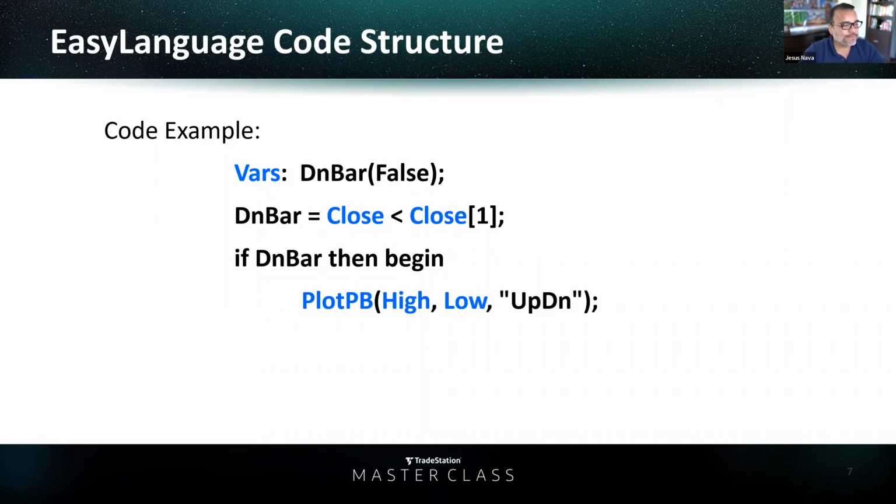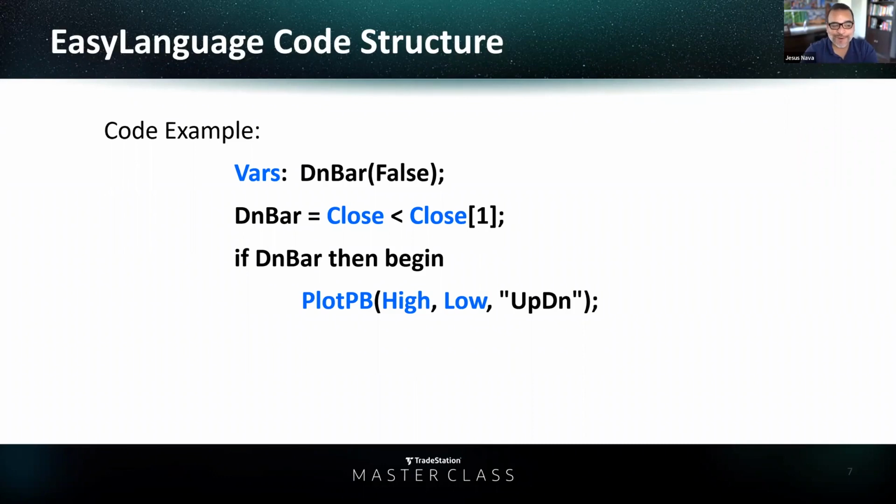So what is it going to do? First, plot PB. By the way, this plot statement, plot PB, PB stands for paint bar. And inside the parentheses, you're going to tell EasyLanguage how much of the bar to paint. If it has the words high, comma, low, you're pretty much telling EasyLanguage that you want to paint from high to low.